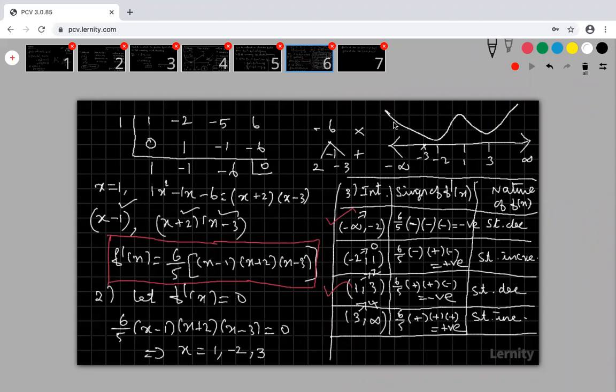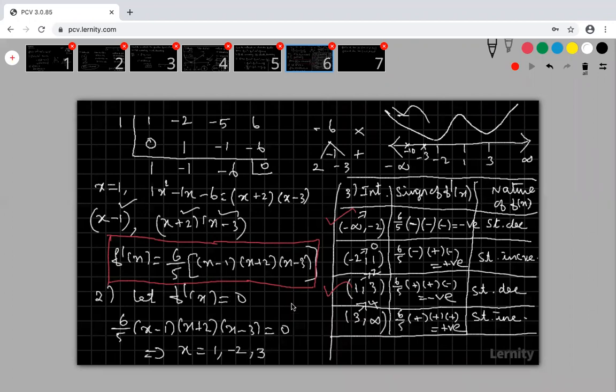Suppose here my function is coming like that. Sir, at x is equal to -10, my function is again increasing, sir. If it is increasing, at this point my f dash of x is 0. If at this point my f dash of x is 0, definitely I will get my x value here, x is equal to -10.